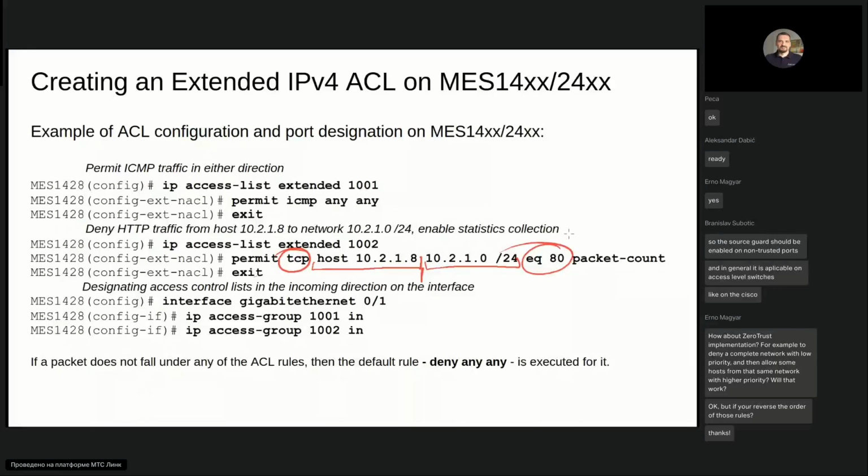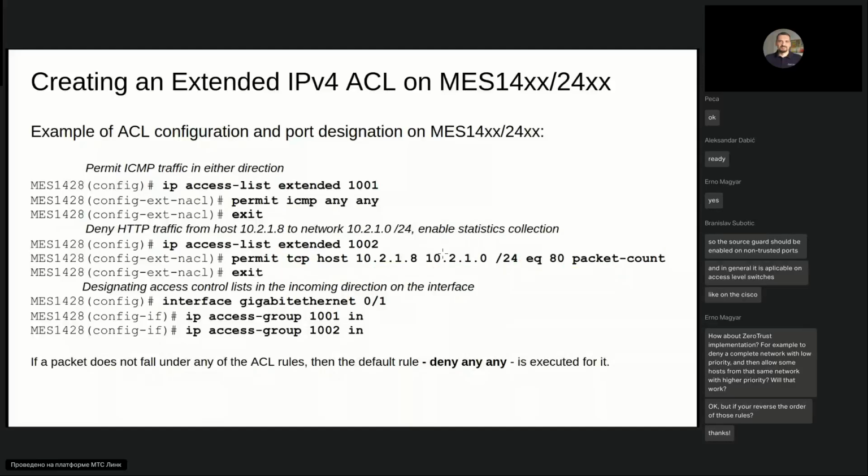Where is the source port? Here it is just omitted. If you don't use the port here, don't write any, don't put any here, just skip the place for the port number.